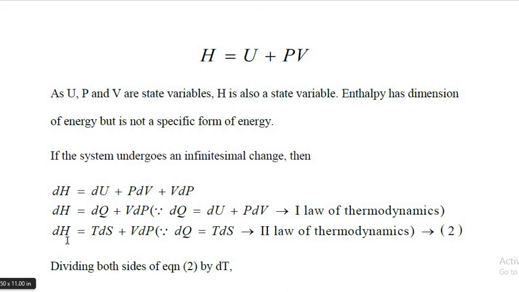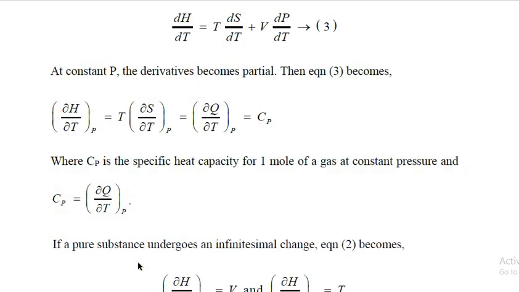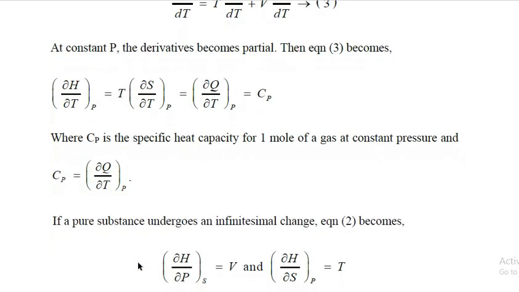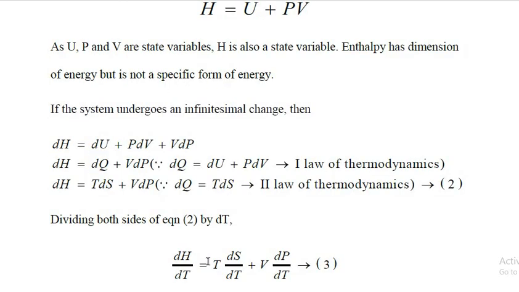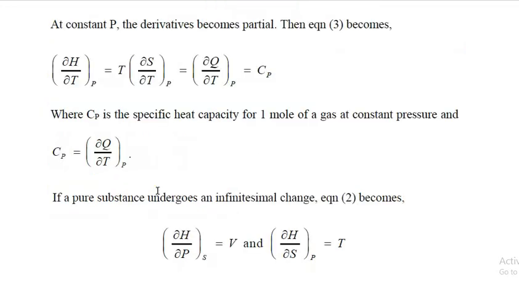So we will get ∂H/∂S at constant P is equal to T. You can see here. So ∂H/∂P at a constant S is equal to V. Similarly, ∂H/∂S at constant P is equal to T.